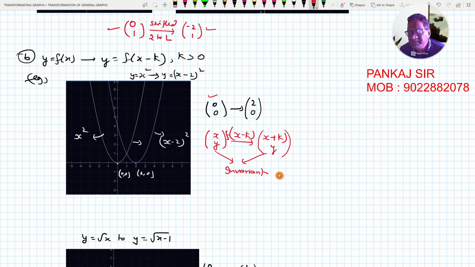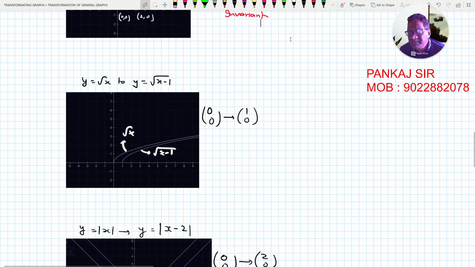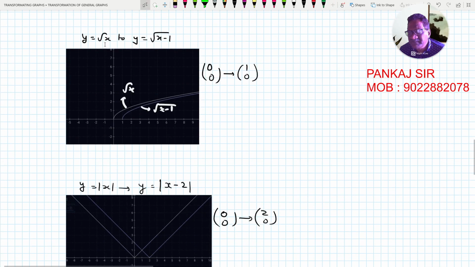Now the same you can see happening over here in the case of root x and root of x minus 1. Because 1 is subtracted from the x, you will see that the graph of root x, this one, is shifting by 1 unit to the right.